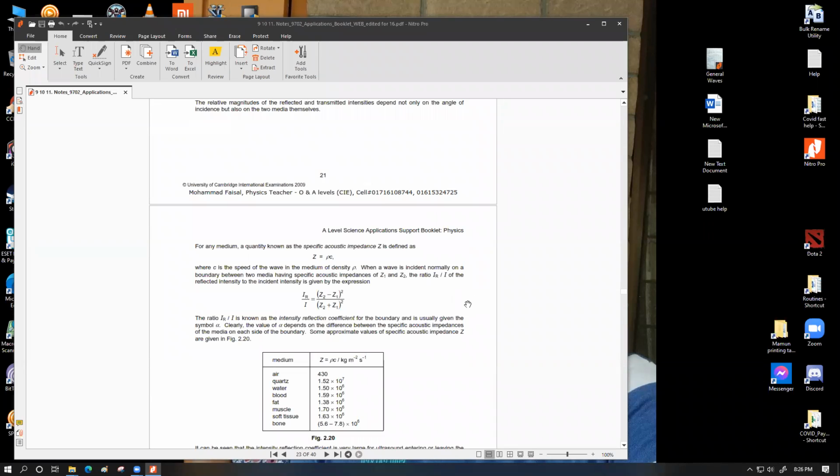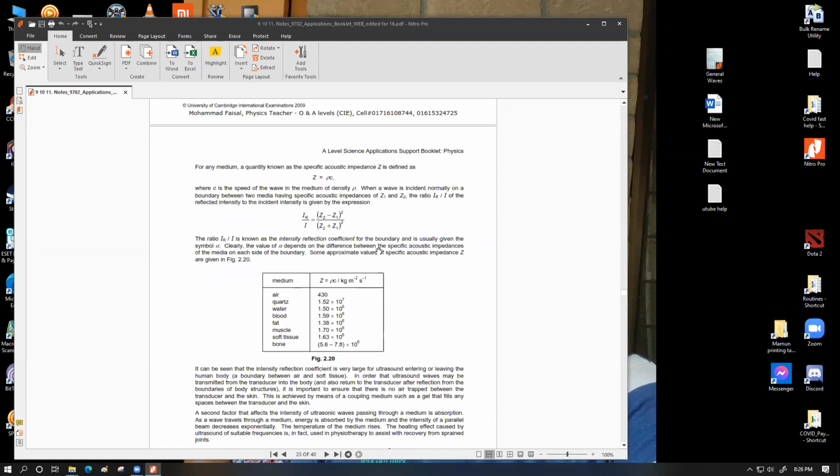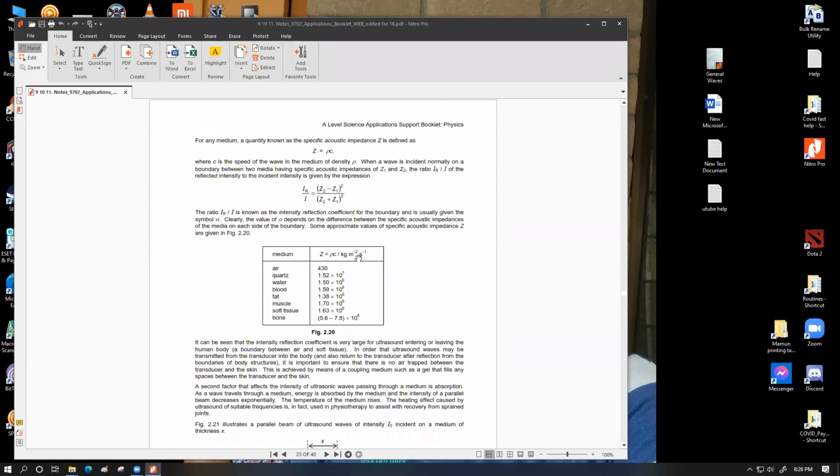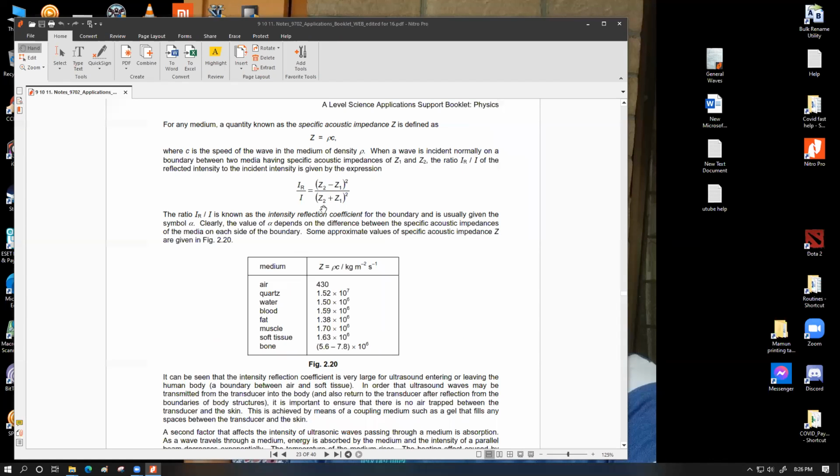Okay, in our last class we were discussing up to this point. We discussed up to this equation. This is not piezoelectric, this is the specific acoustic impedance of a physical medium, which gives us an idea of how much fraction of an incoming intensity of a wave, in this case ultrasound, will be reflected off a boundary.